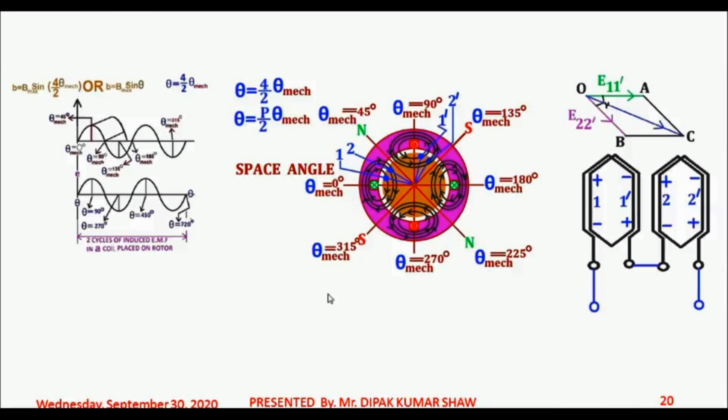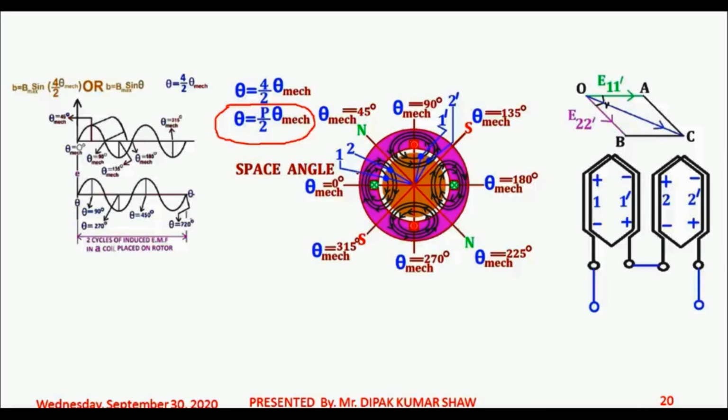So you use the relation theta equals P by 2 theta mechanical. Let me indicate it: theta equals P by 2 theta mechanical. So if you put P equals 4 and theta equals 180 degree, because it's a full pitch coil, then theta mechanical will come as 90 degree. So that is what is happening.